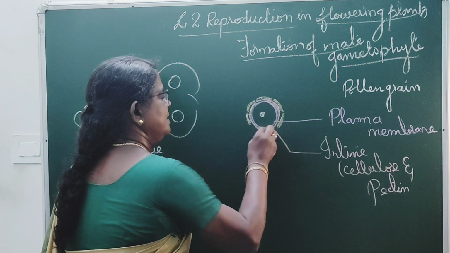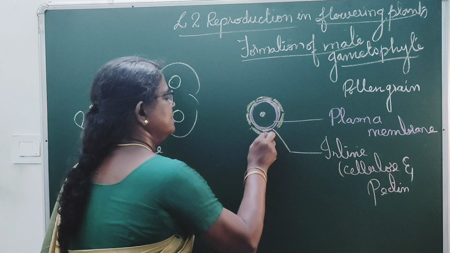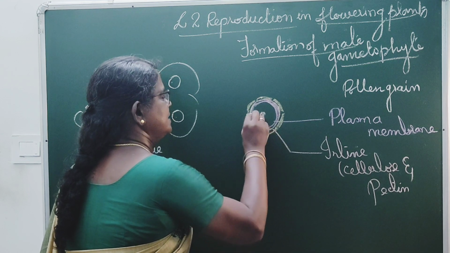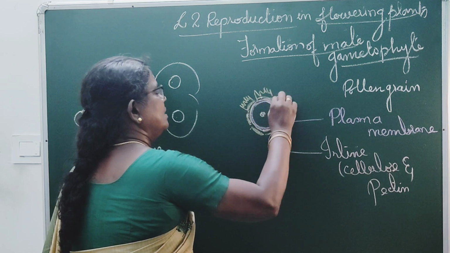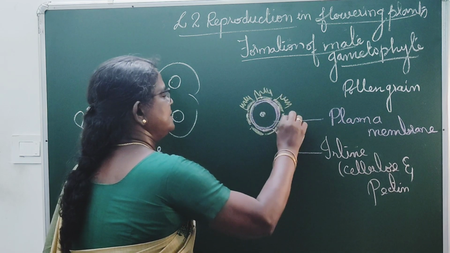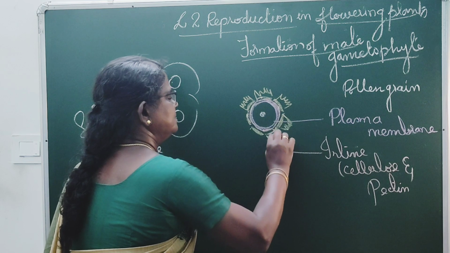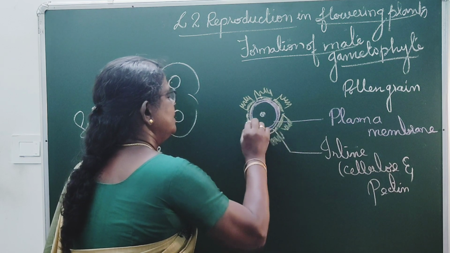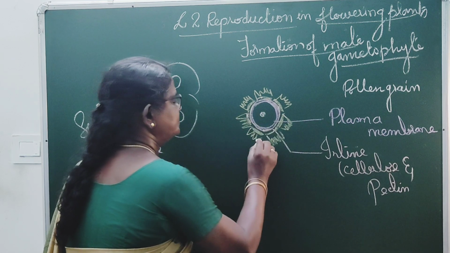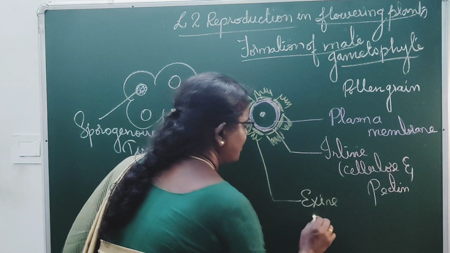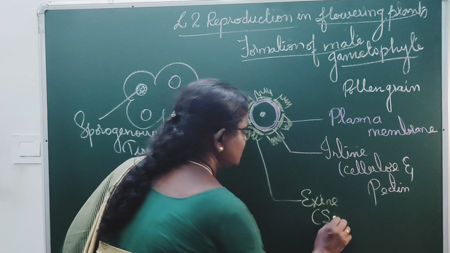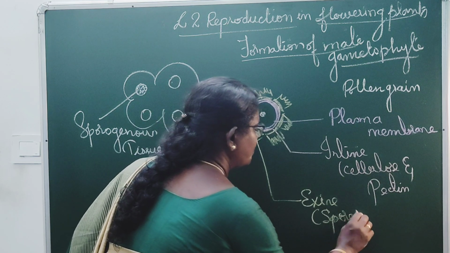The outer surface of this layer is irregular. It is made up of sporopollenin.